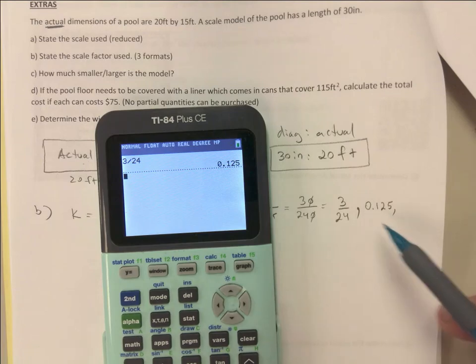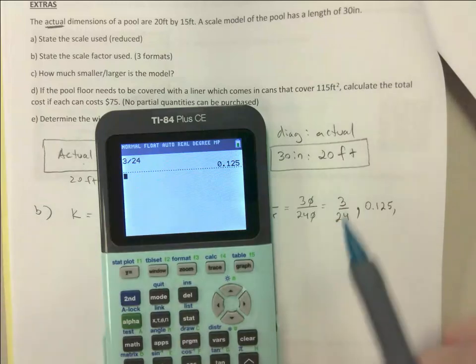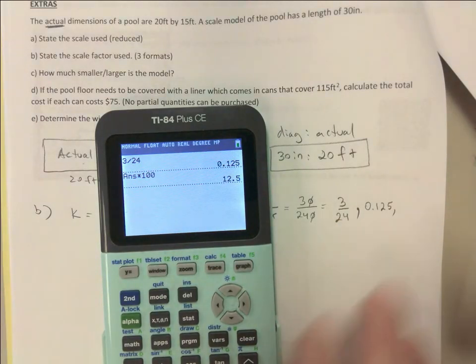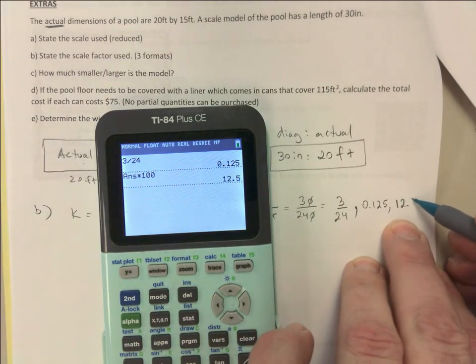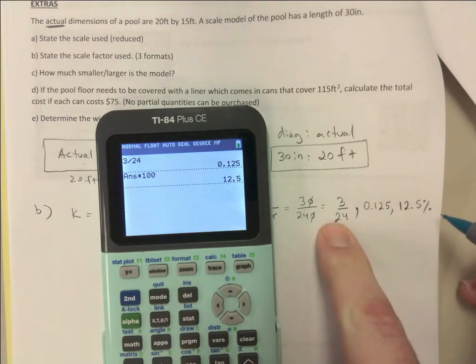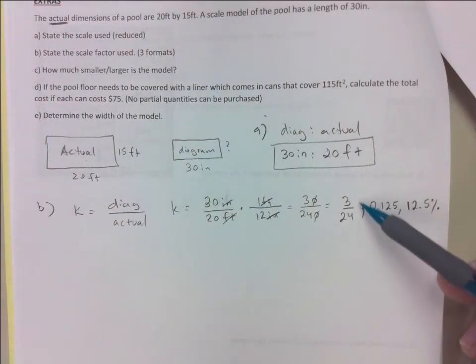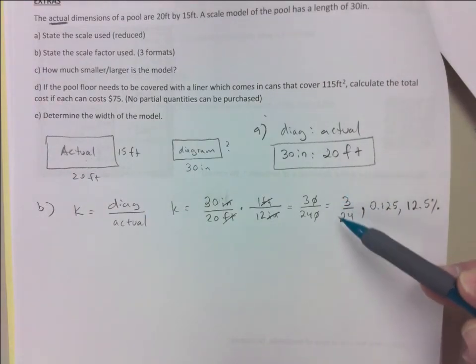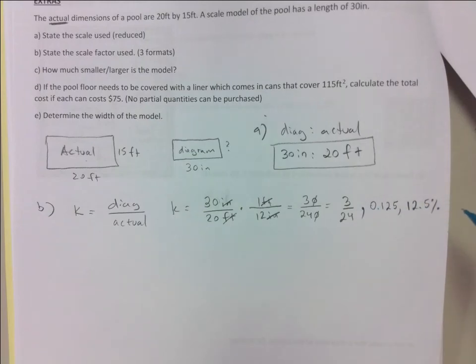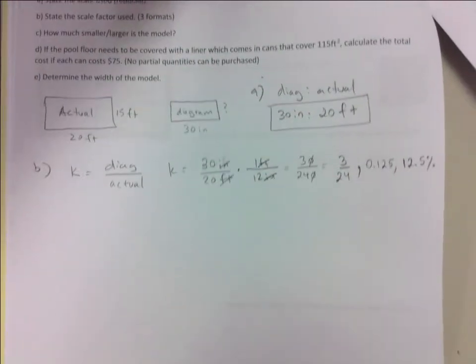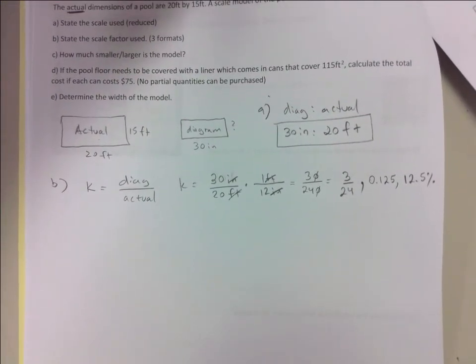Okay, so it's just a little technicality. Then I take whatever I have on the calculator and multiply that by 100, and I get 12.5%. So you have it in all 3 formats. If I don't ask you, stop right here. Stop right here if I don't ask you to do all 3 formats, because otherwise you risk getting an error on rounding.